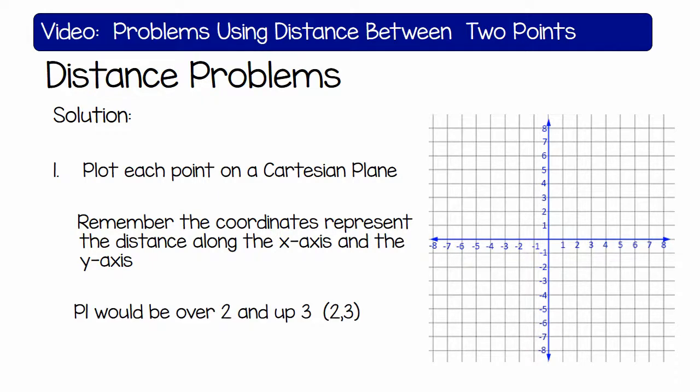P1 would be over 2 and up 3, giving a coordinate of 2, 3. P2 would be over 7 and up 7, giving a coordinate of 7, 7.